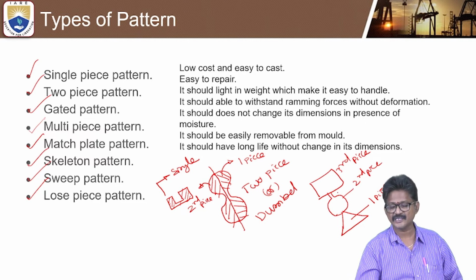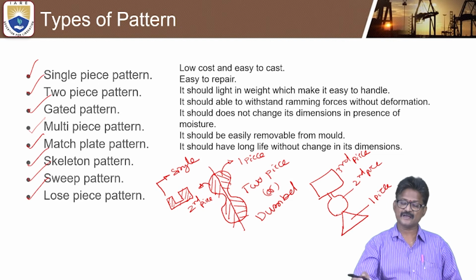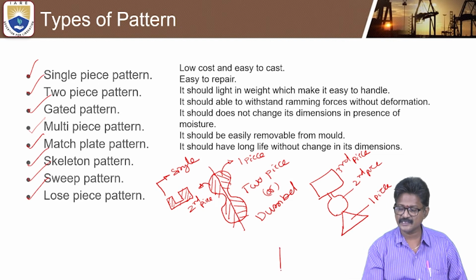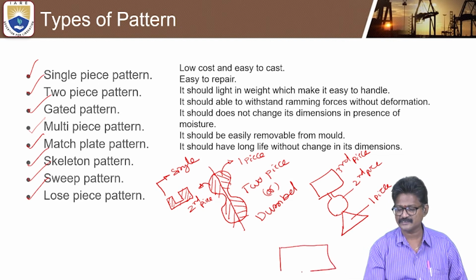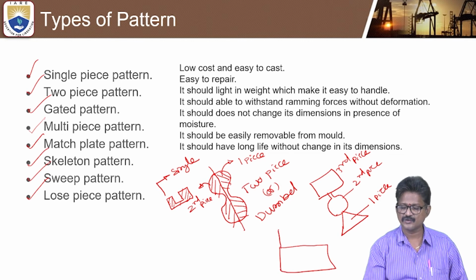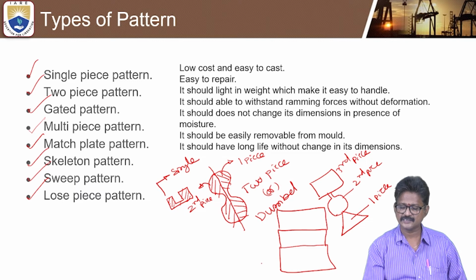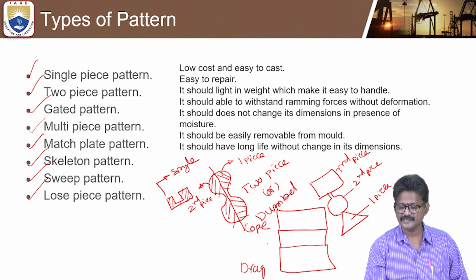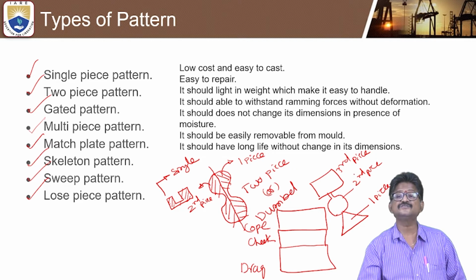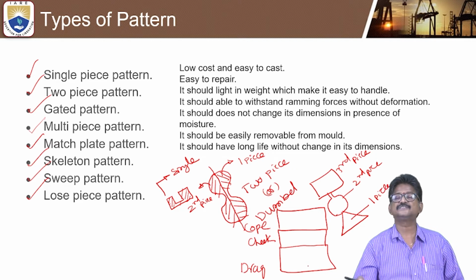It is also called a three-piece pattern or multi-piece pattern, where you can use three different types of boxes. One is the drag box, the cope box, and this is the drag box. This is the cope box, and this one is the cheek box. So if you want to use a three-piece pattern, you can use the cheek box.